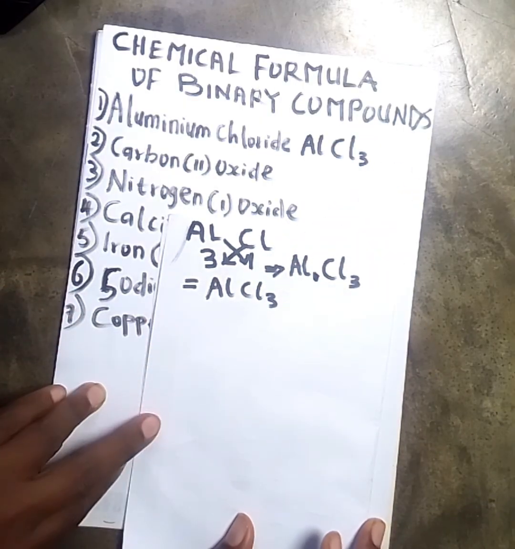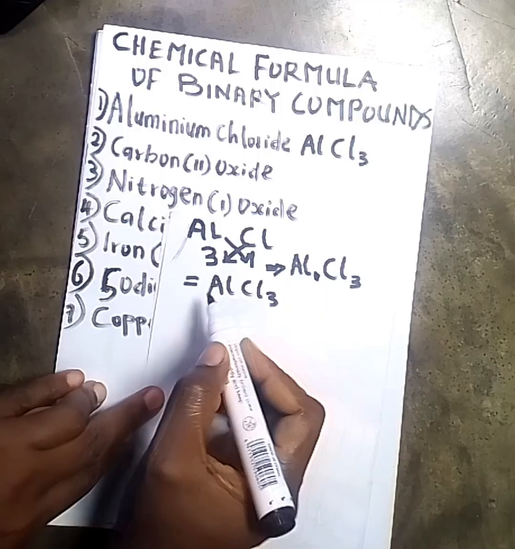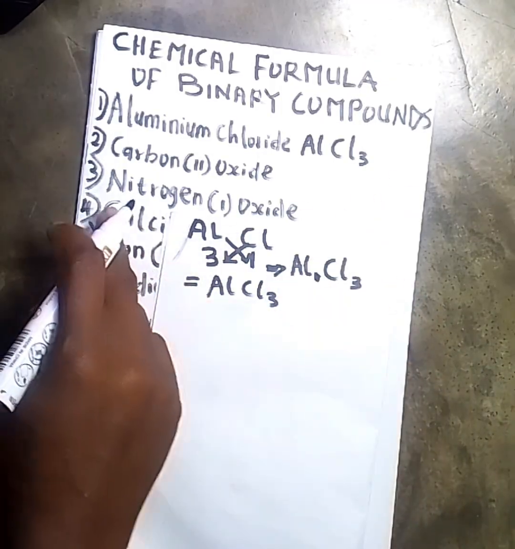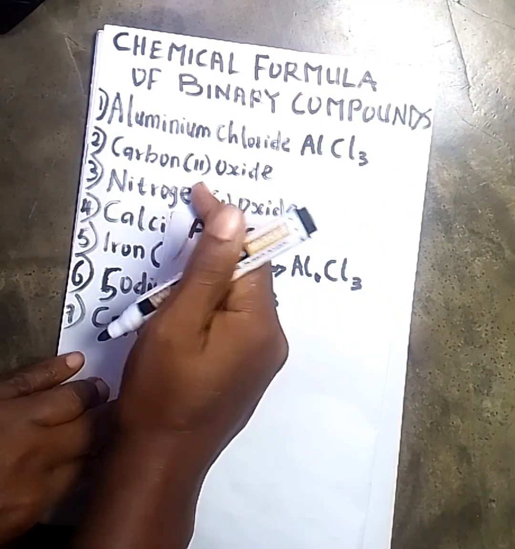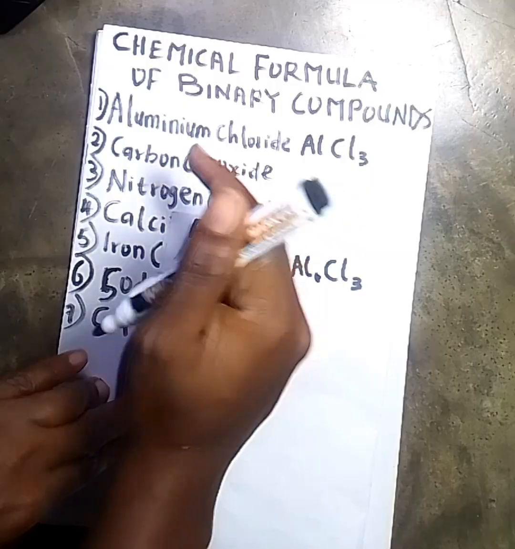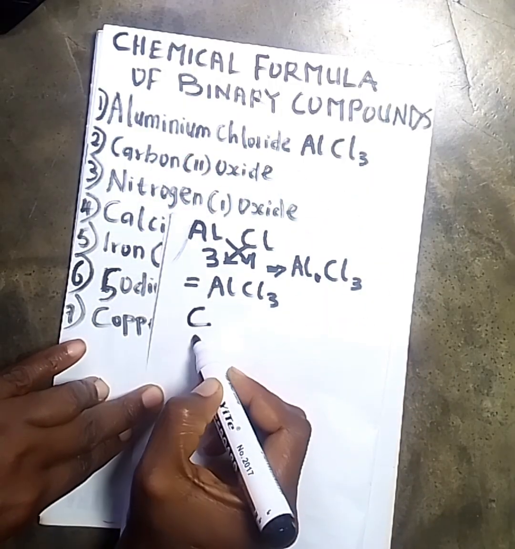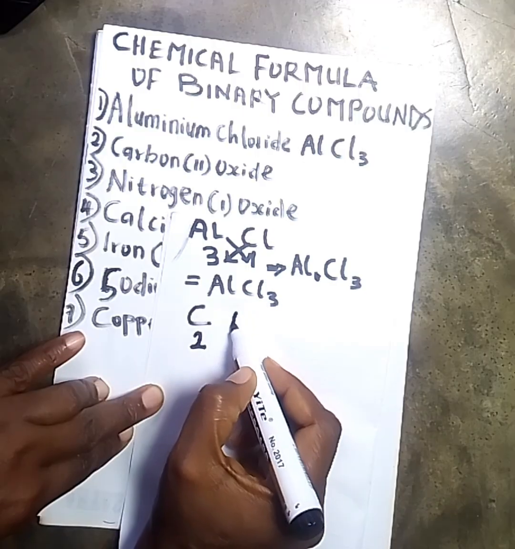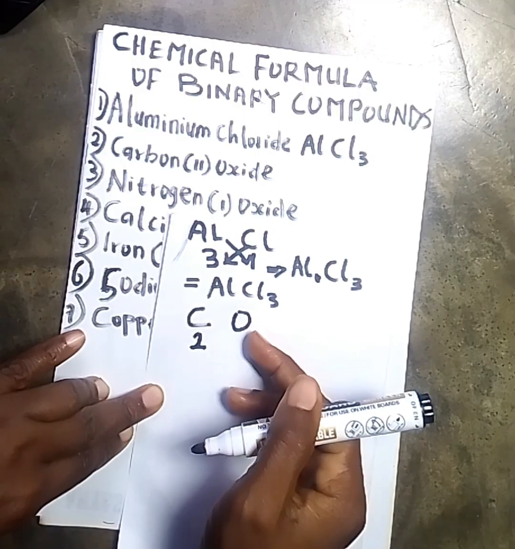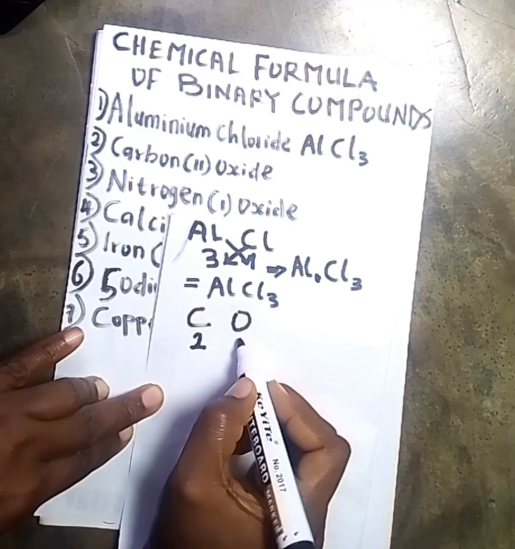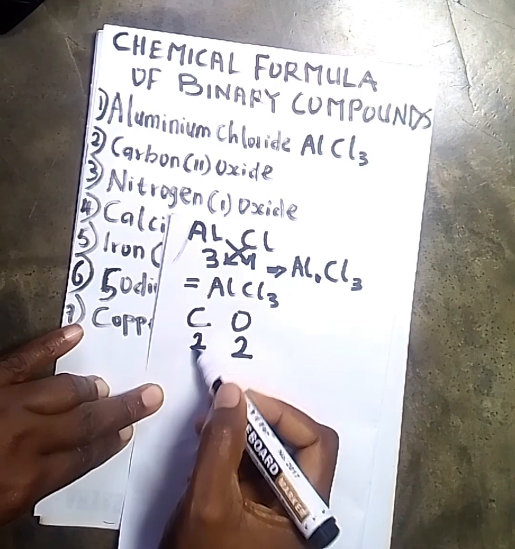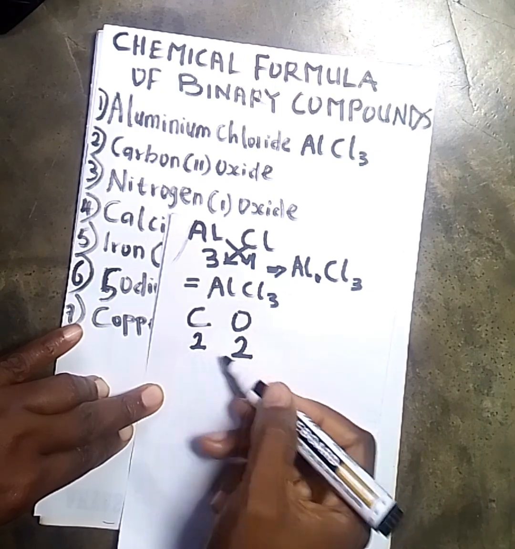The second one is carbon 2 oxide. Carbon 2, meaning that the valency or the oxidation state of carbon here is 2, okay? Oxygen is -2. Can they divide into their simplest term?